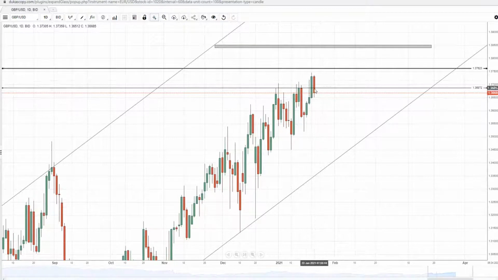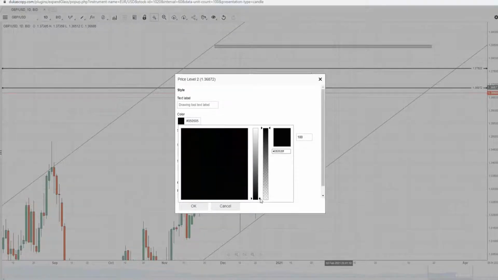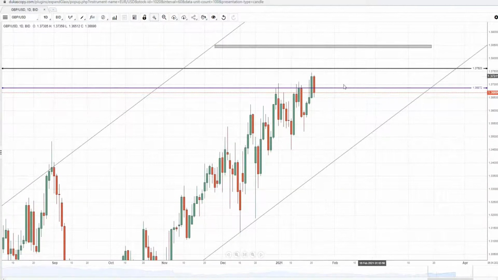So if this price closes above this resistance level, where's the resistance level, I'll make it colored and bold so that you can see it very well. Yeah, this purple line. If this current daily candle closes above this purple line, then you take it out here.